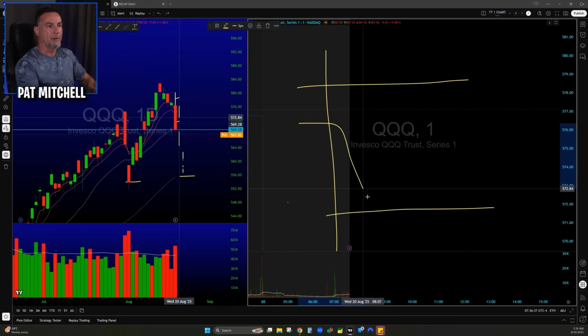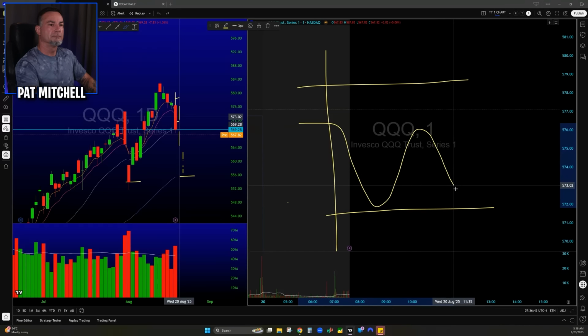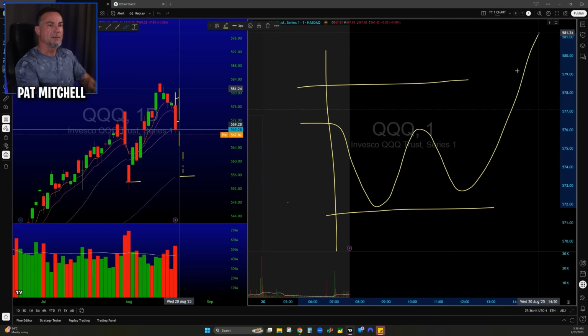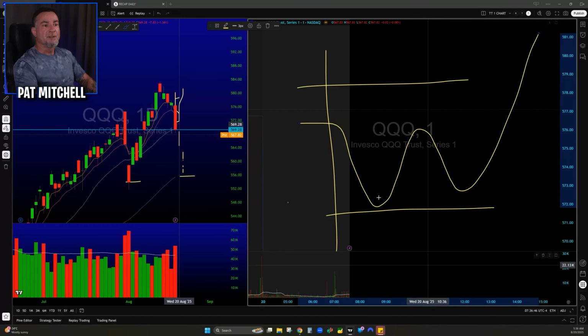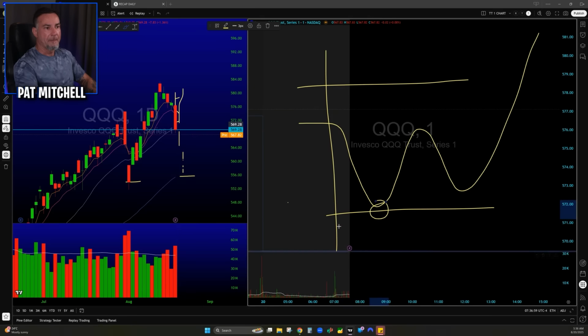Okay. So it comes down. Okay. So that's what we're looking for, right? On this here, it bounced off that support once. As it comes down, remember this is a very valid level. You're going to have all of these traders already in, and orders will be set on the day.